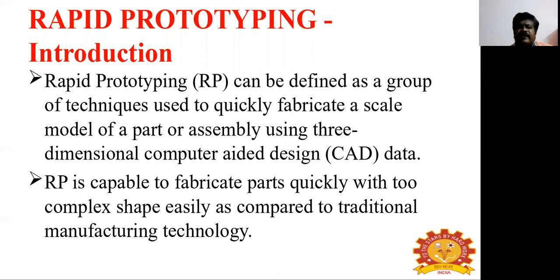So how can you define rapid prototyping? We can define it as the group of techniques which is being used for quickly fabricating a scale model of our part or assembly with our three-dimensional computer aided design data, it means the CAD data.